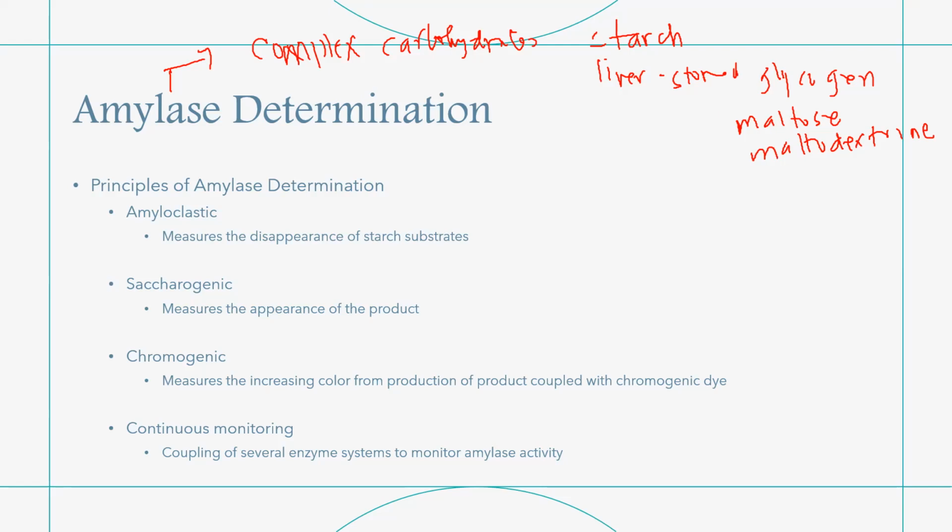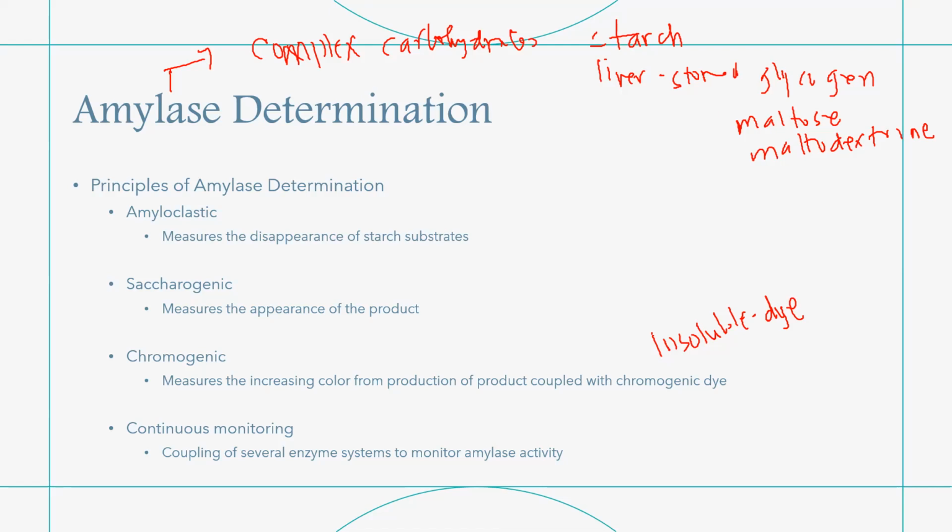This chromogen is an insoluble dye. Take note, as the amylase hydrolyzes the starch substrate, smaller dye substrate fragments are produced.